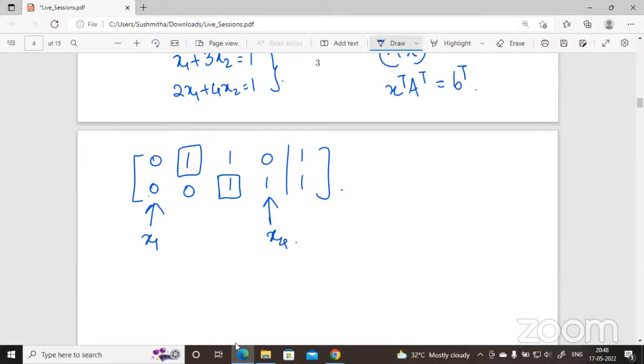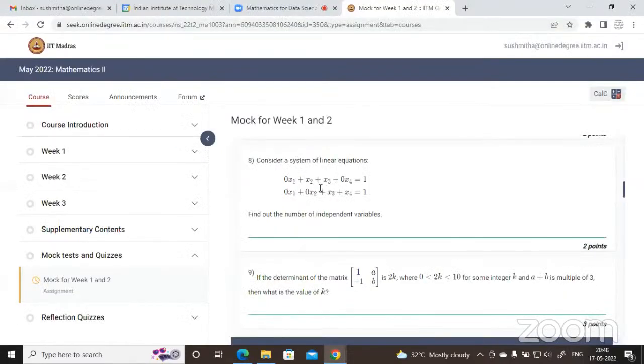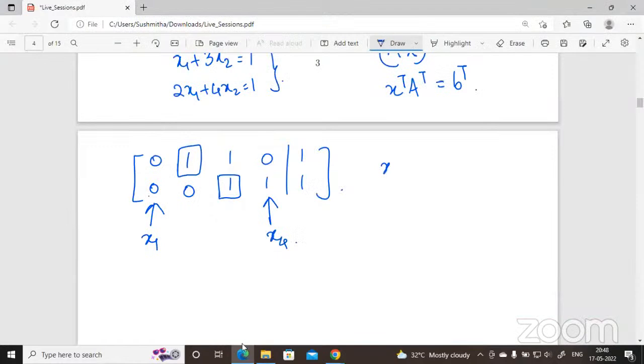I just wanted to ask why it is independent and why it is dependent. From the first equation, you can write X2 is equal to 1 minus X3. From this equation, you can write X3 is equal to 1 minus X4. So I have a pivot here.